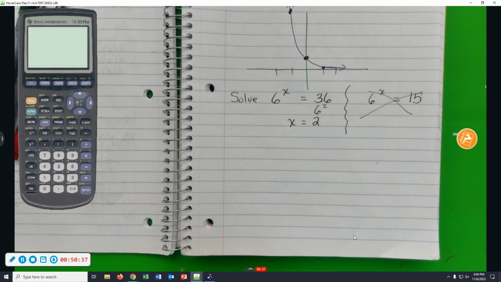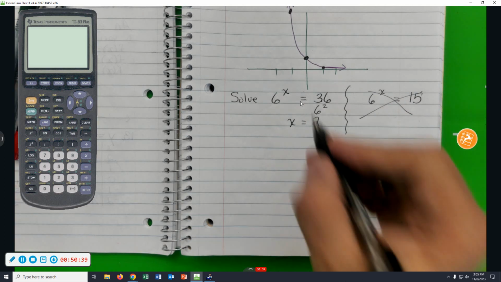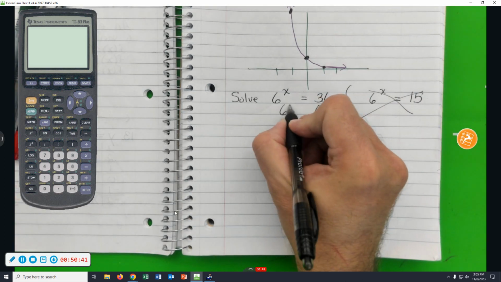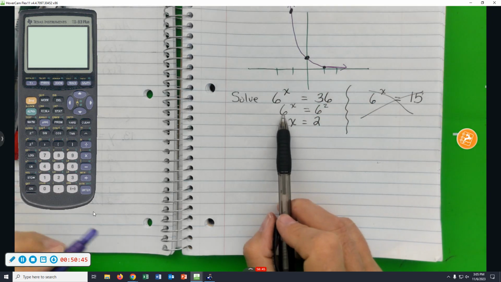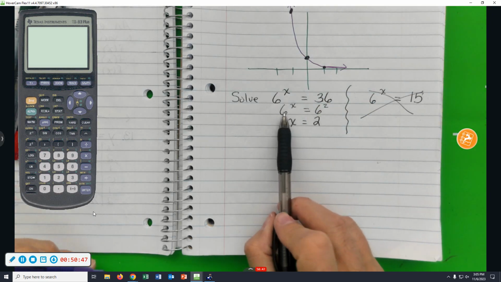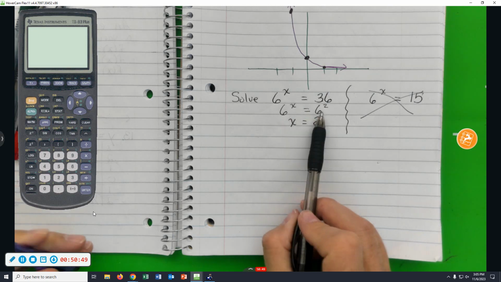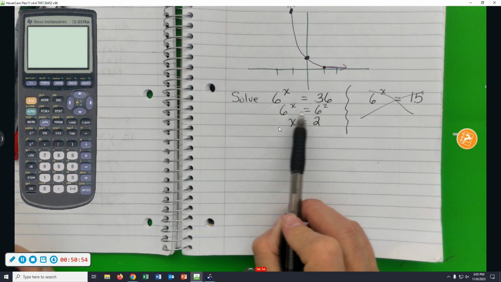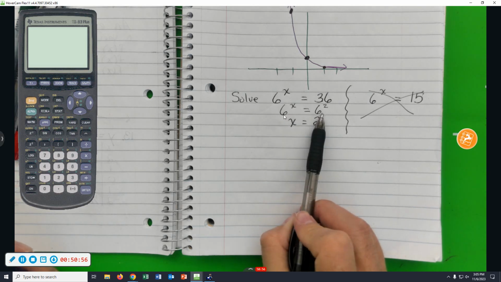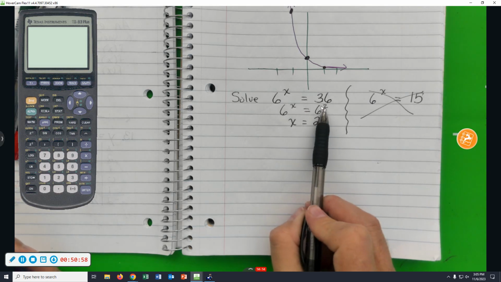But for what we're doing in this assignment today, here's the logic on how we're going to solve these equations. It's called the same base method of solving exponential equations. If you can write both sides with the same base, then the only way these can be equal is if the exponents are equal.